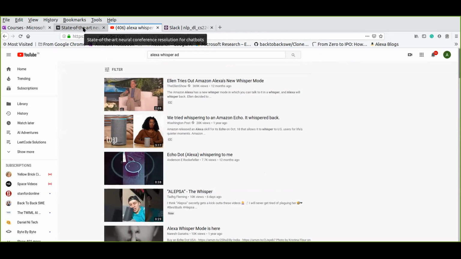Like when you ask Alexa how's the weather, it responds. It also has a feature where if you whisper something to it, instead of saying it normally, it also whispers back. That was pretty interesting, and I couldn't find a video.